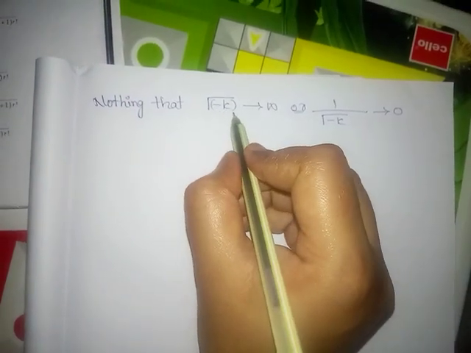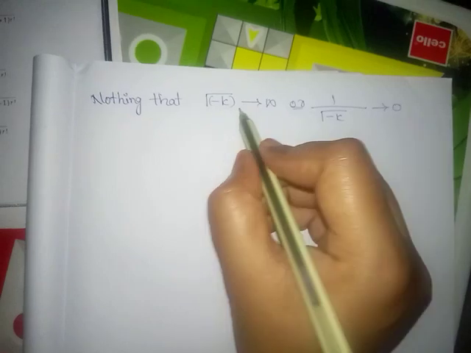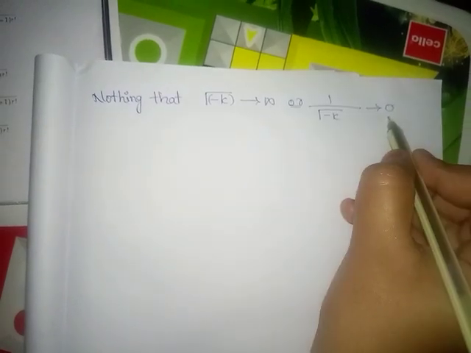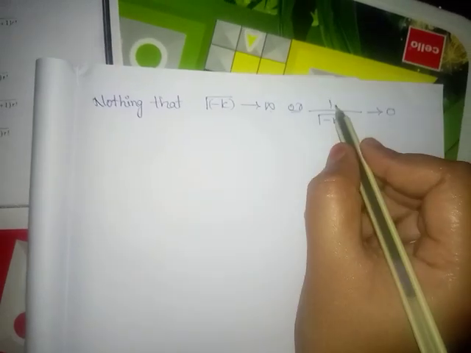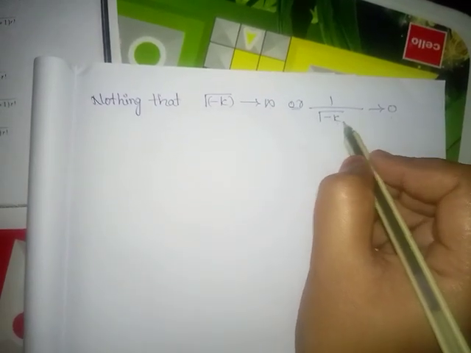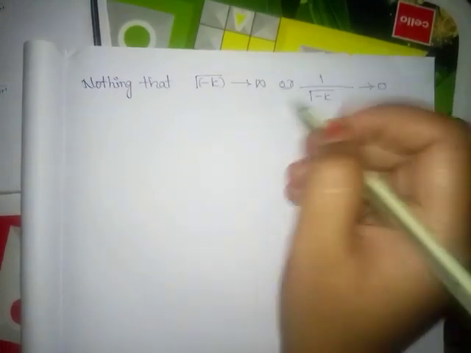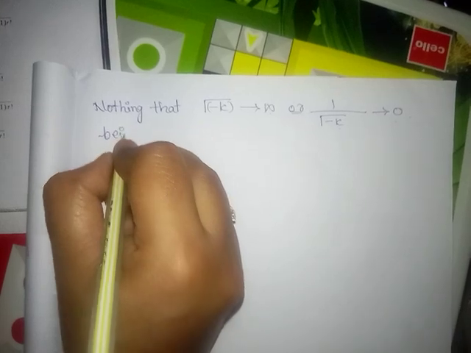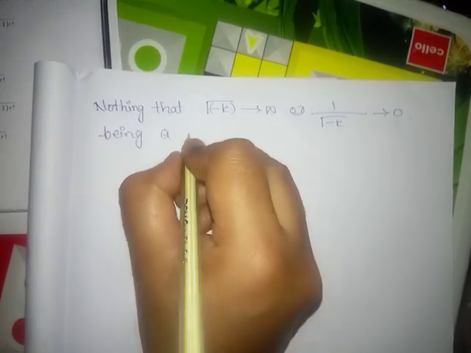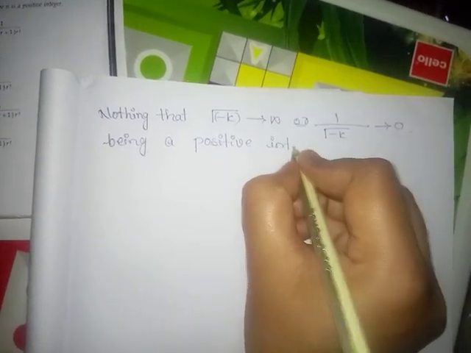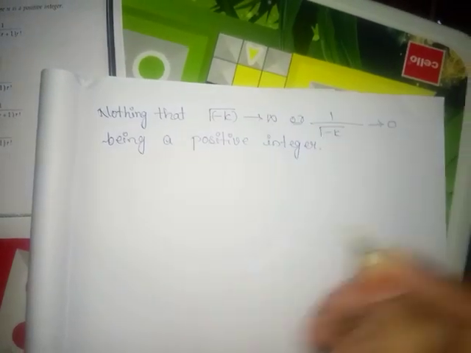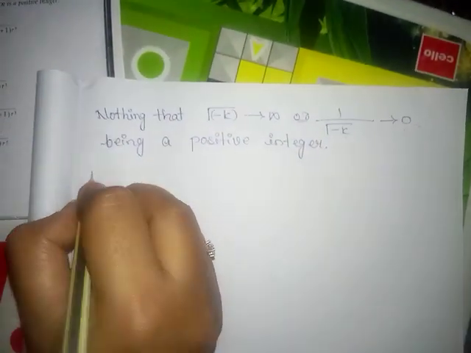If gamma of minus k tends to infinity, then 1 divided by gamma of minus k tends to 0.